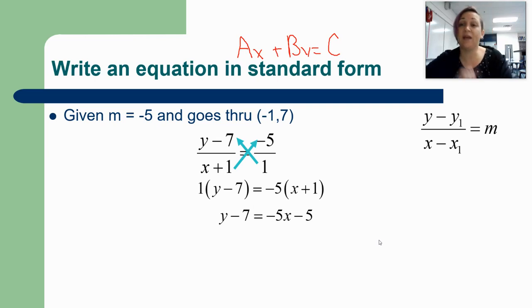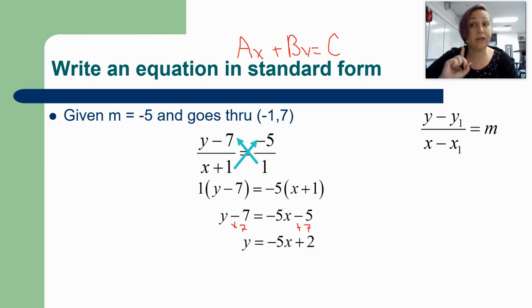And actually, again, very similar to what we were doing with our slope-intercept form, the next thing I'm going to do is I'm going to take the number, the constant that's being added or subtracted with the y, and I'm going to move it to the other side. So in this particular question, I'm going to be adding 7 to both sides.